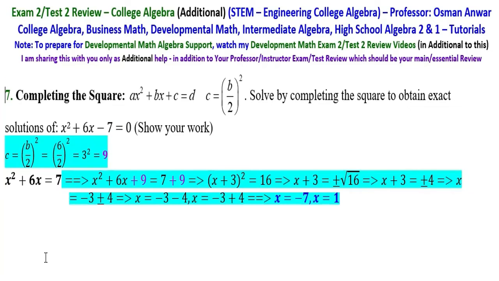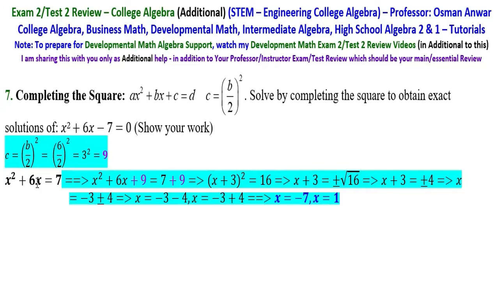Number 7, completing the square. For ax squared plus bx plus c equals 0, c equals b over 2 all squared. Solve by completing the square to obtain the exact solution of x squared plus 6x minus 7 equals 0.